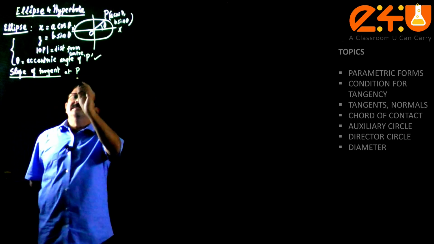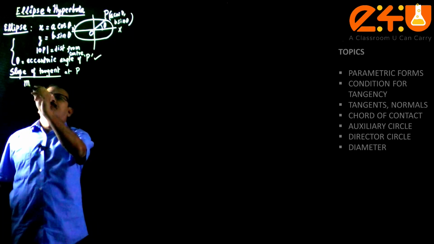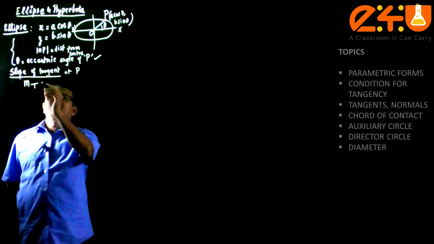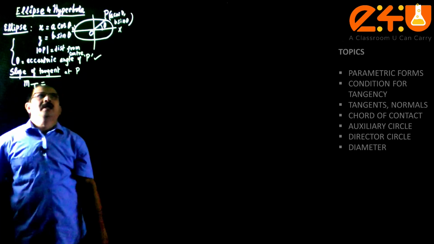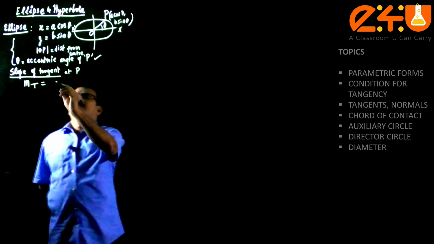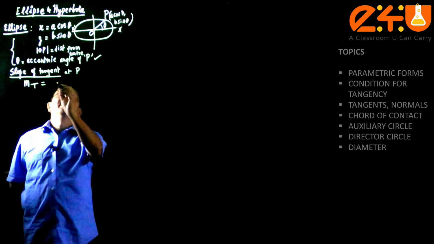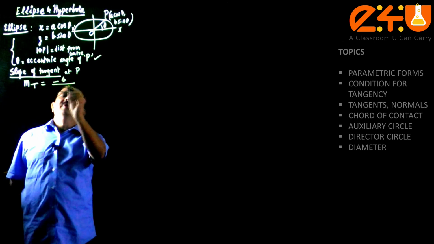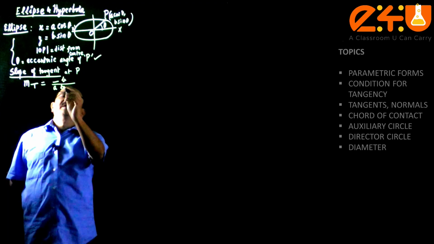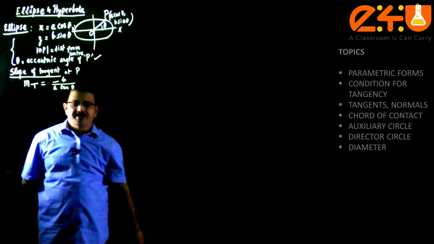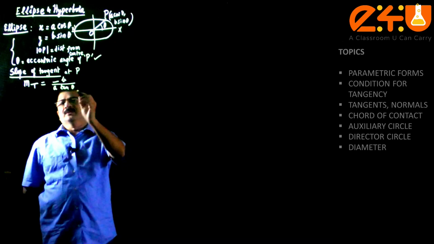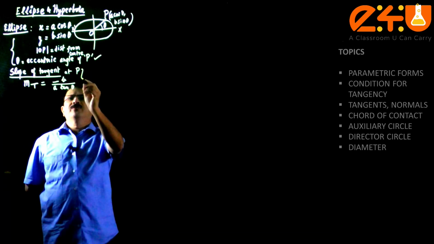So slope of tangent, let me represent by means of this subscript m subscript t. Okay, so it is negative b divided by a times tan theta, a tan theta appearing in denominator. So that is slope of tangent.